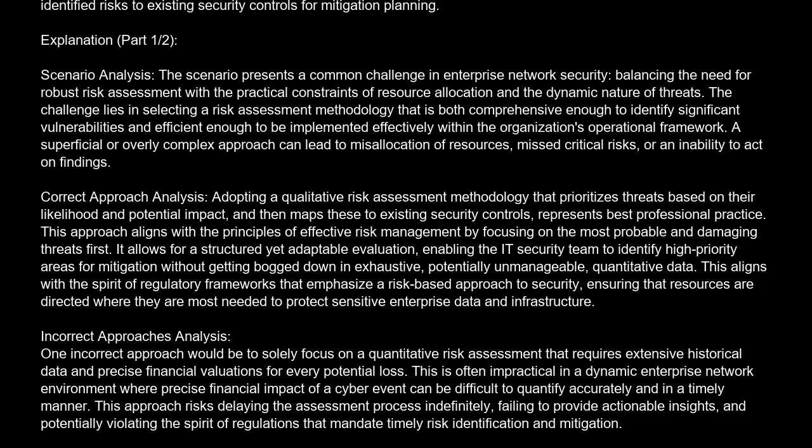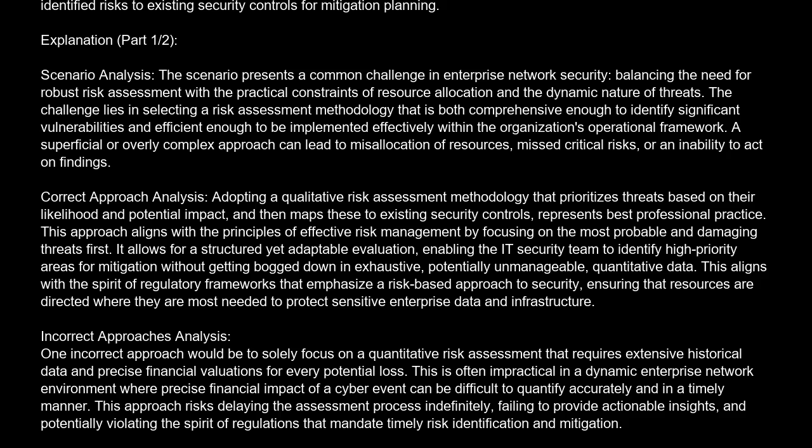Adopting a qualitative risk assessment methodology that prioritizes threats based on their likelihood and potential impact, and then maps these to existing security controls, represents best professional practice. This approach aligns with the principles of effective risk management by focusing on the most probable and damaging threats first.